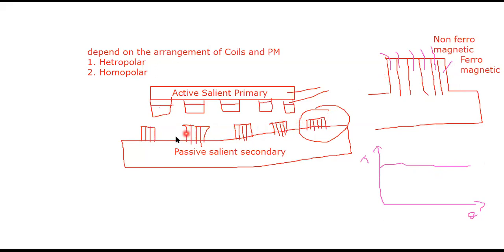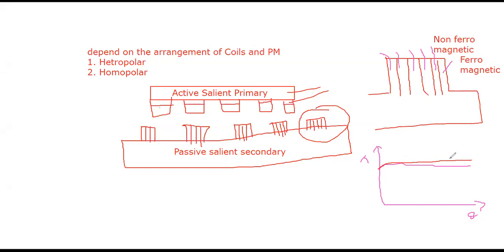Since it is saliency, it will produce a ripple content in the machine. In order to reduce this ripple content, we go for two different types of material. If you use ferro and non-ferro materials combined, then the ripple content will be in another format, as we will reach more or less a saturation value.